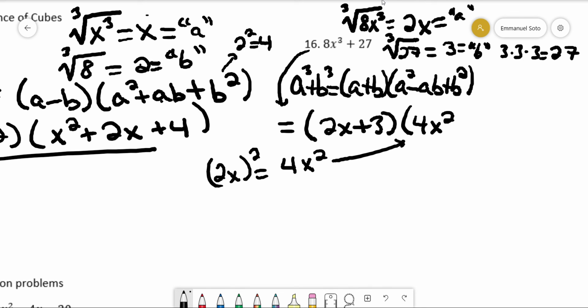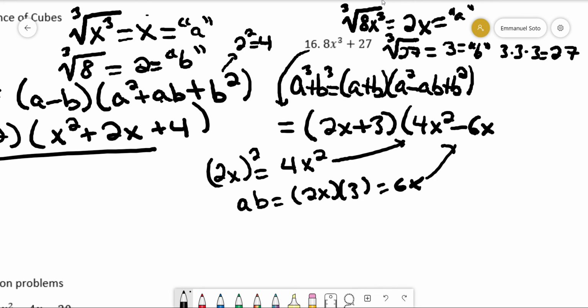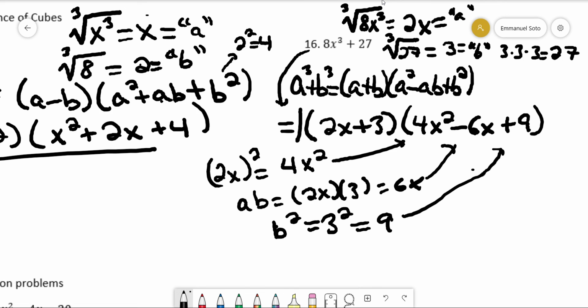AB, so that's going to be 2x times 3, which is 6x. That goes there, minus 6x. And then we got b squared, which is 3 squared, which is 9. So that's our last guy. All right, and that is your final answer.